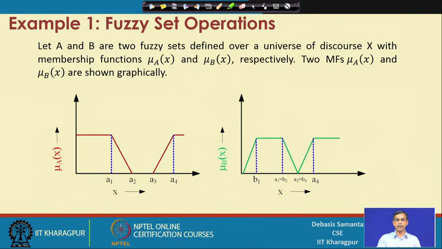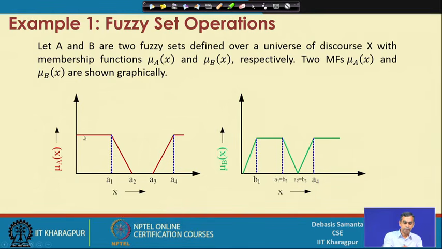Sometimes, in order to understand fuzzy operations, a graphical representation is more useful, and there are many tools which follow the graphical way of representing fuzzy sets and then performing the resultant operations. Now, here is the first example.